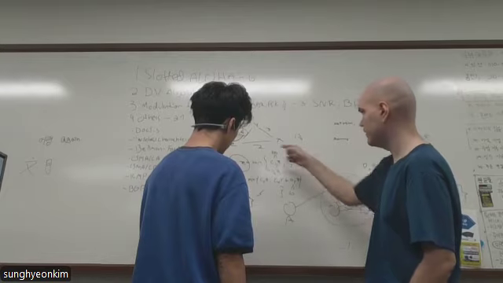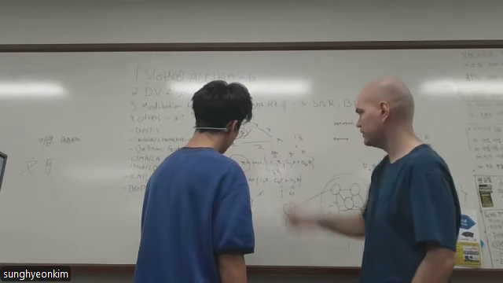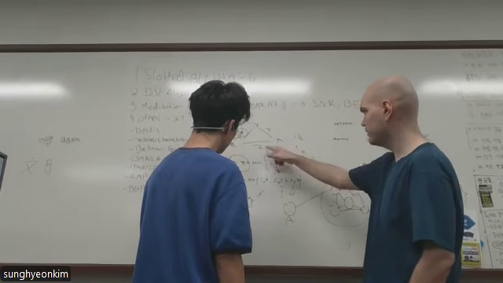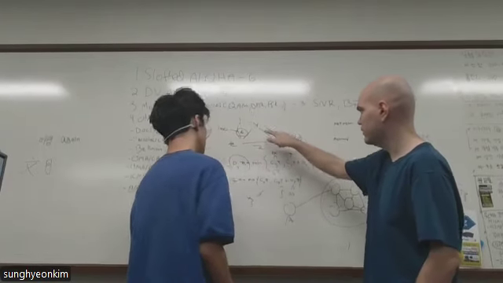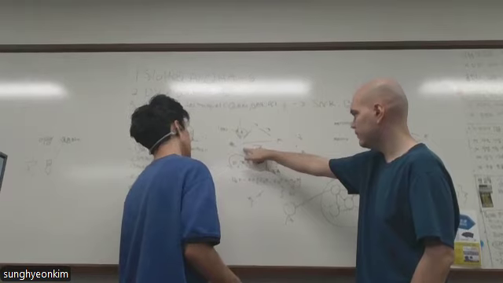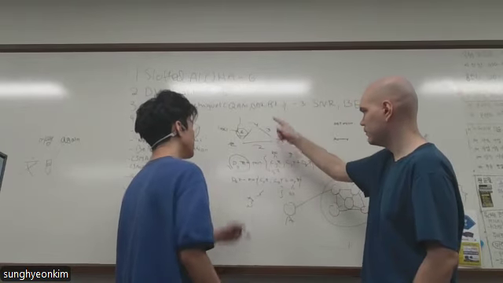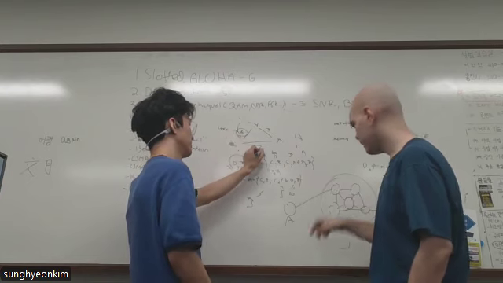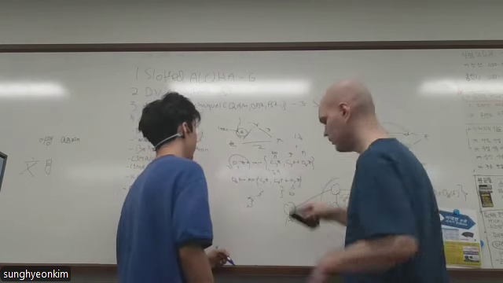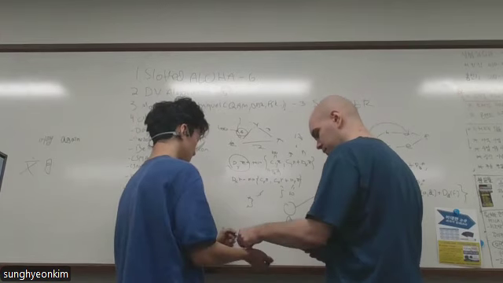So this won't change. If this is 100, that doesn't change anything because this is already lower. So if you want to go from x to y to z, then x to z should be bigger than 7.